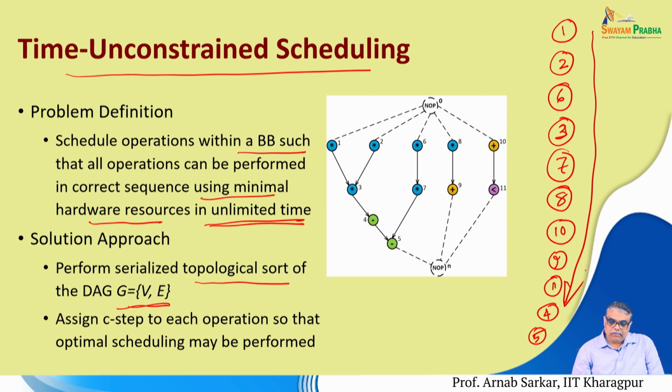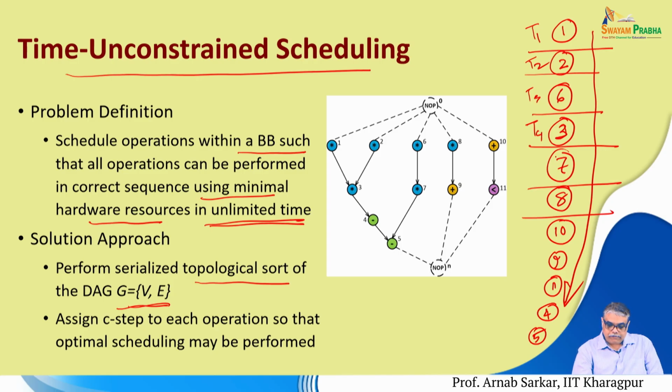So, let us say we choose to perform, because we have unlimited time, one operation in each time step. If you perform in this order, that means in time step 1 you perform 1, in time step 2 you perform 2, then in time step 3 you perform 6, then in time step 4 you perform 3.